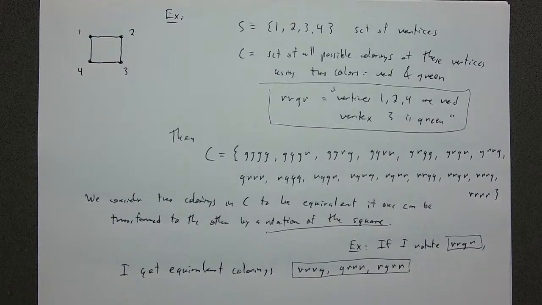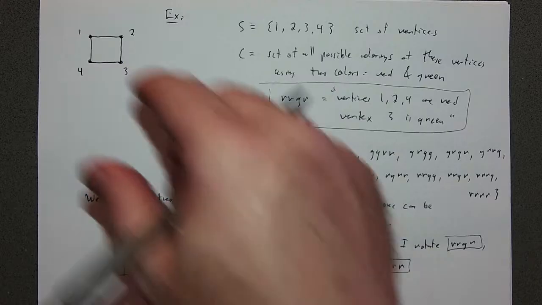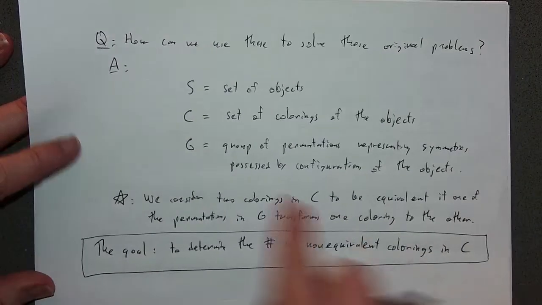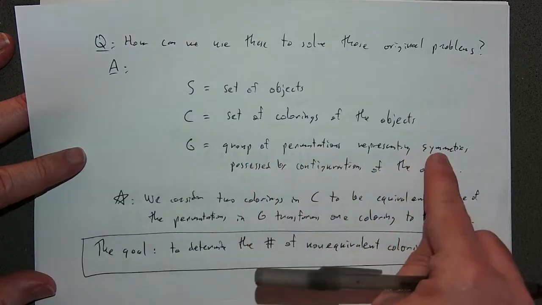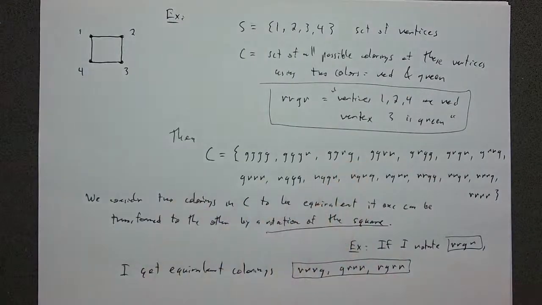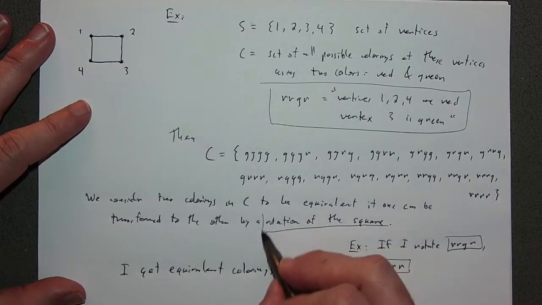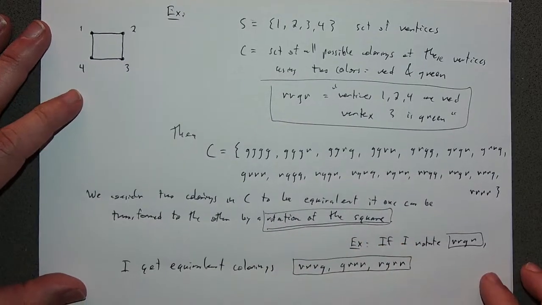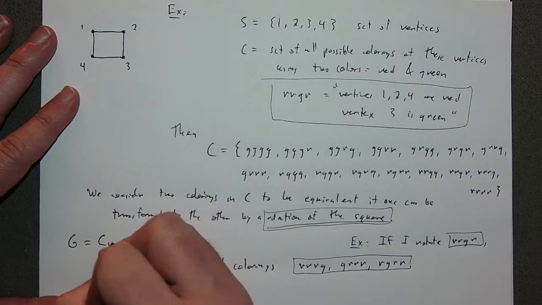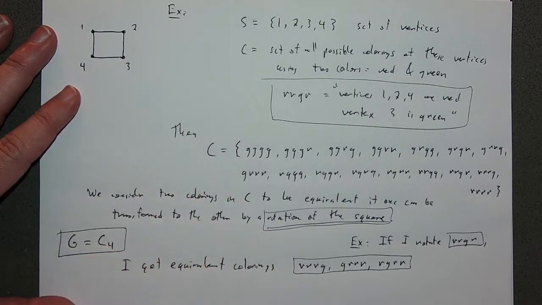Okay. So in this way, going back to the way that I was trying to come up with a general thing, G is the group of permutations representing the symmetries possessed by configurations of the objects. In this example, in this problem, I've chosen this to be rotations of the square. And so our group G here is the cyclic group on 4 vertices.